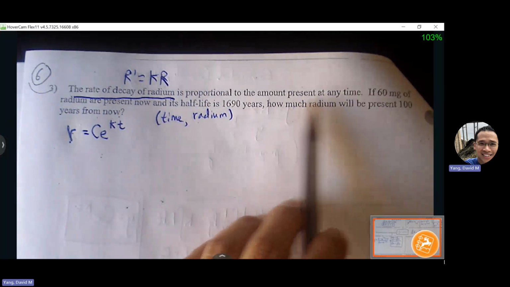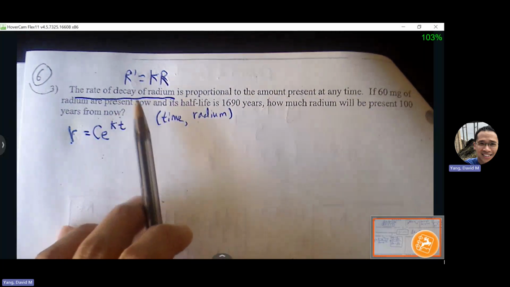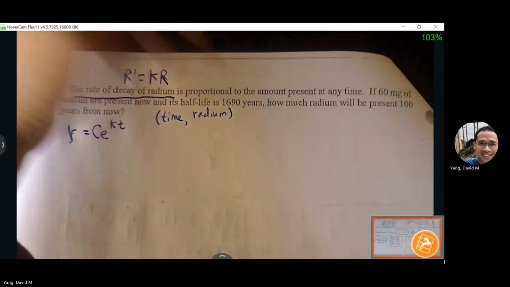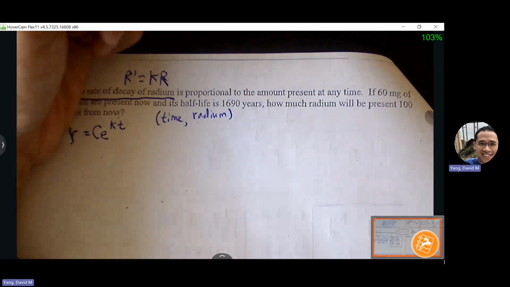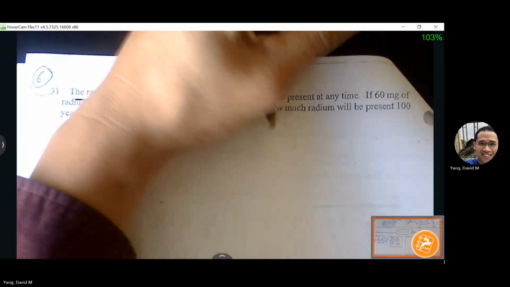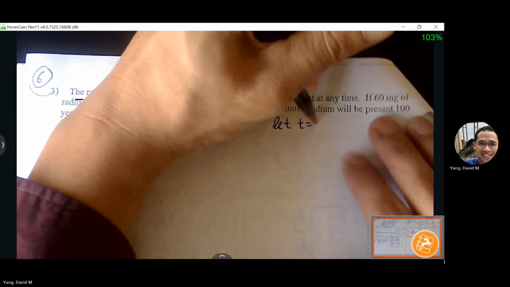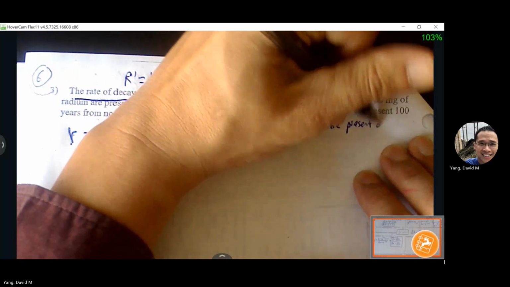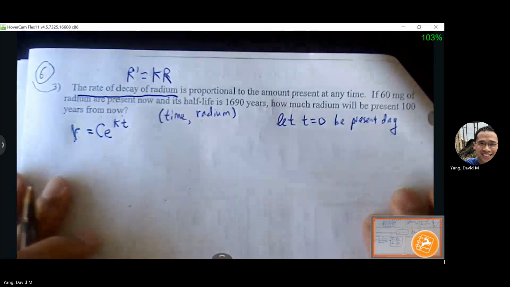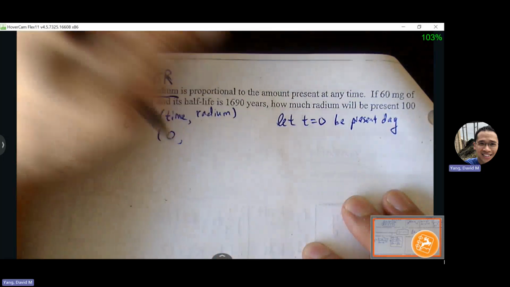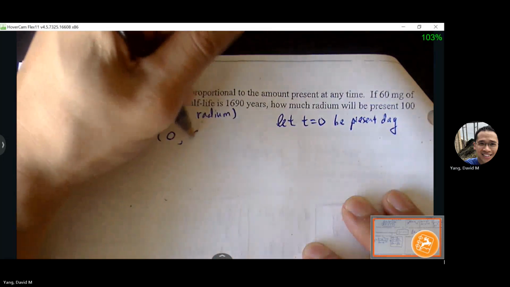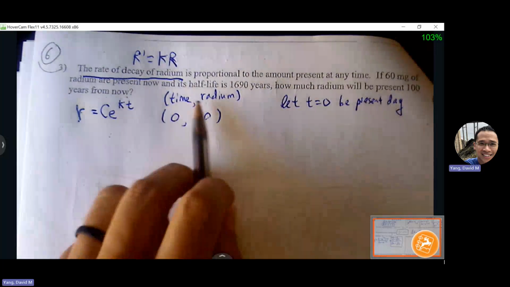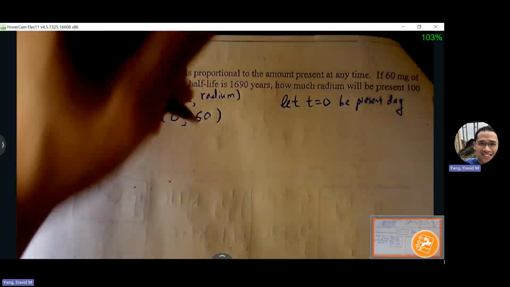So if 60 milligrams of radium are present now, let's consider now as year 0. So year 0, 60 milligrams of radium. Its half-life is 1690 years.